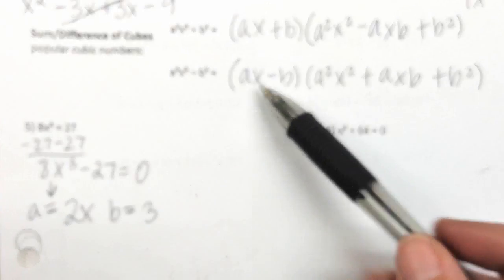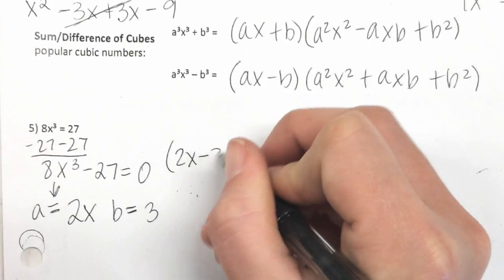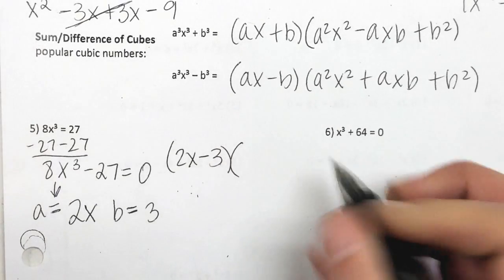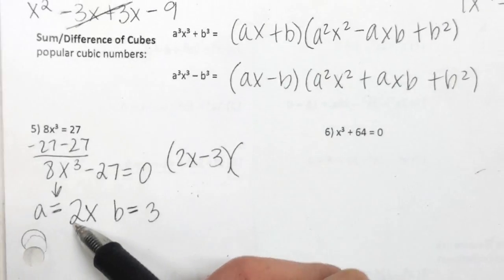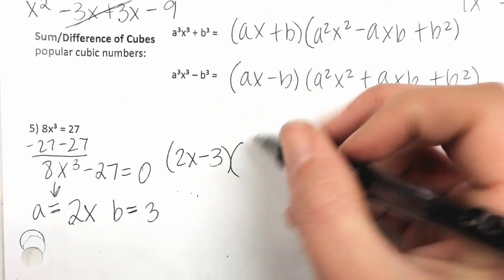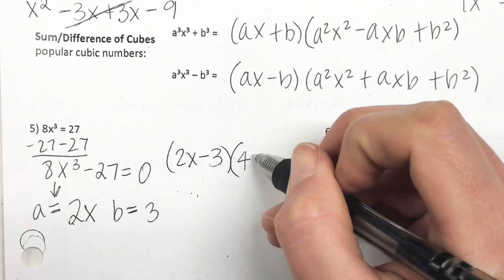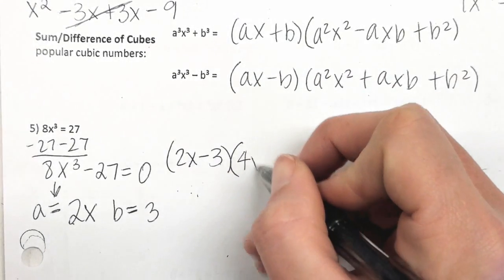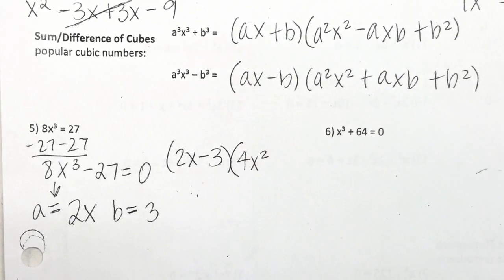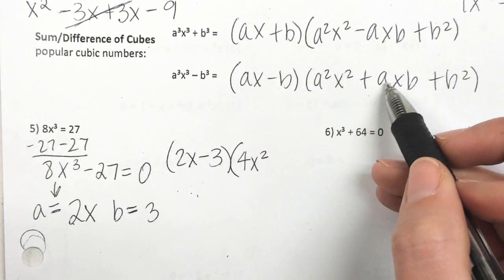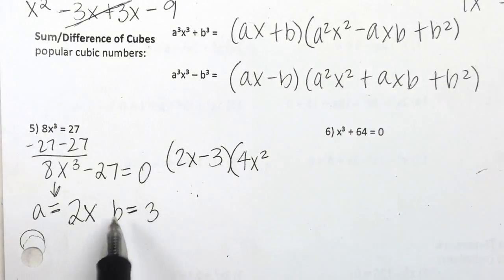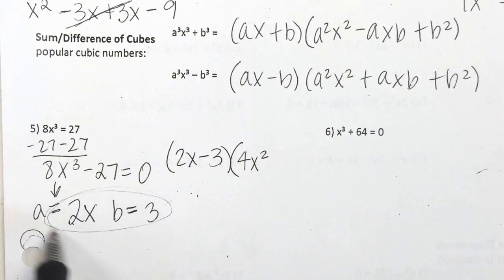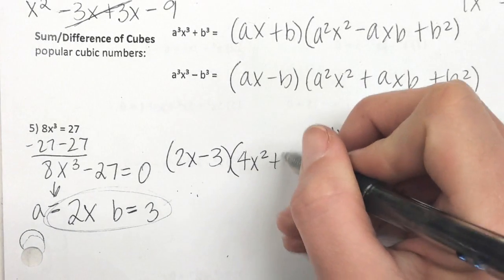So this is how it'd look. It'd be 2x minus 3. And then A squared, so 2 squared, that's going to be what? 4. And then x squared is going to be what? X squared. Alright, plus A times X times B, that just means you're multiplying A and B together, which will give us what? 6x.